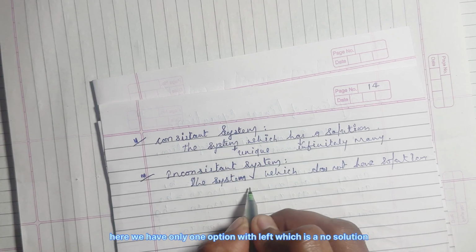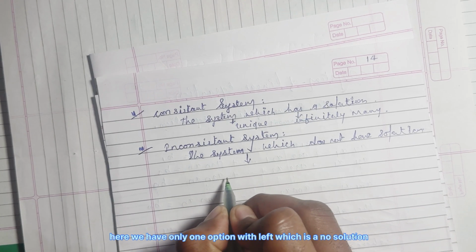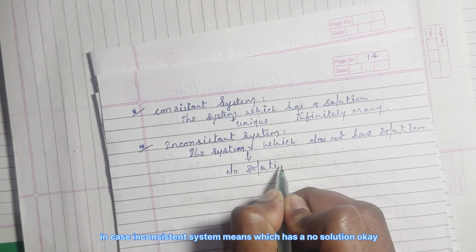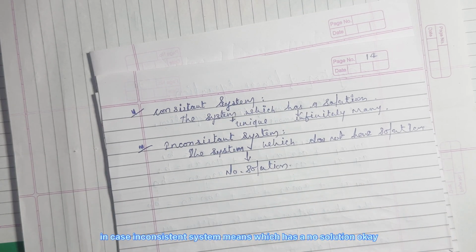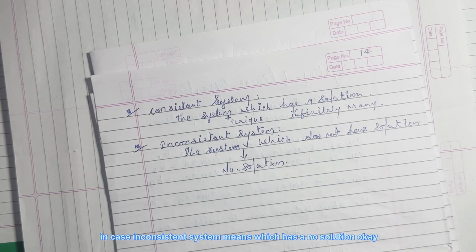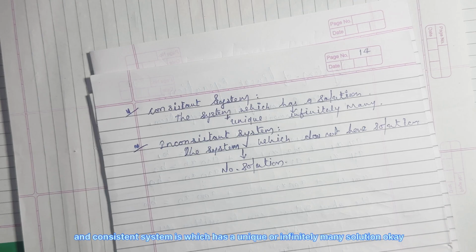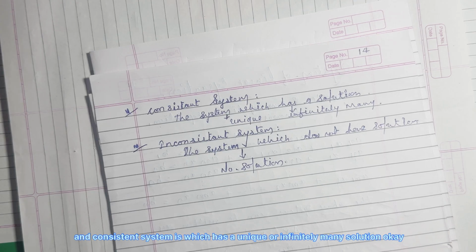That means here we have only one option left, which is no solution. Inconsistent system means which has no solution. And consistent system means which has a unique or infinitely many solutions.